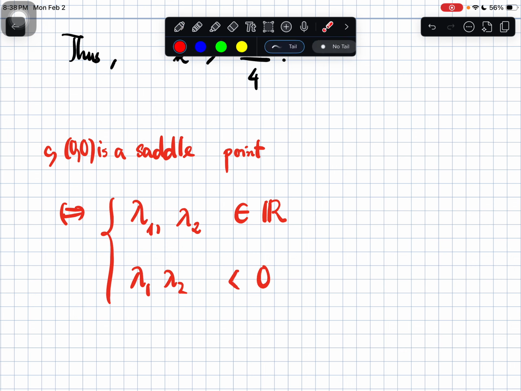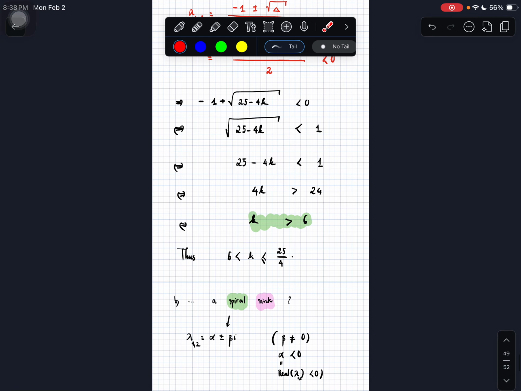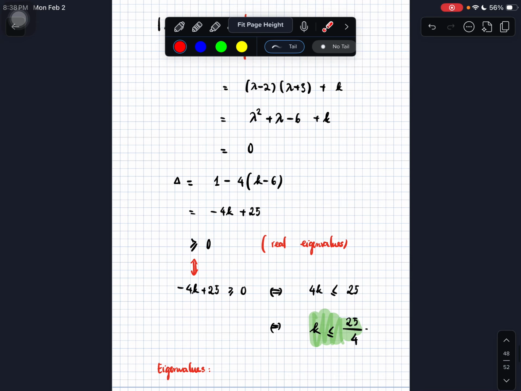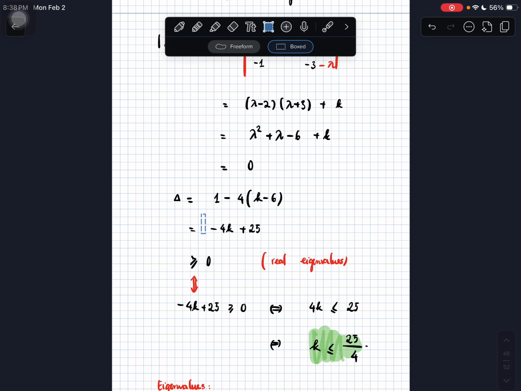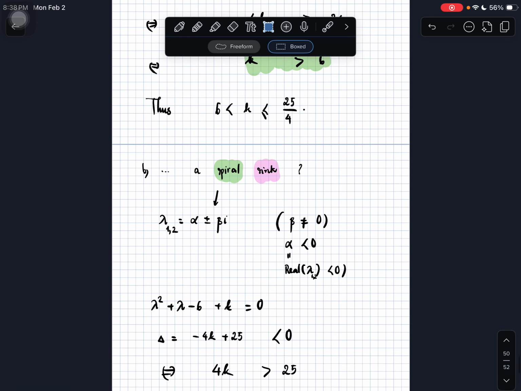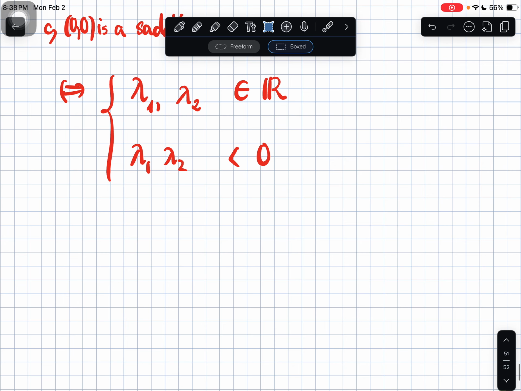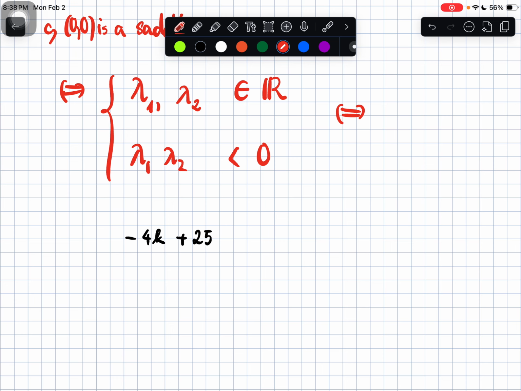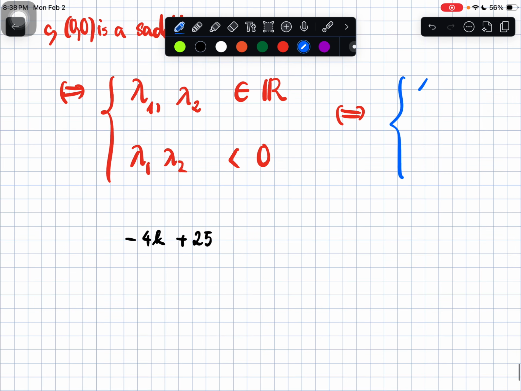So real eigenvalues and opposite sign. Real eigenvalues, we did that. Delta bigger than 0, delta strictly bigger than 0. So we have two distinct eigenvalues. So the first condition, lambda 1, lambda 2 are real, corresponds to delta strictly bigger than 0.